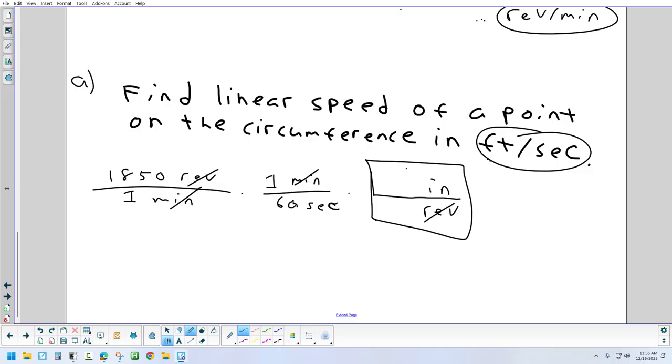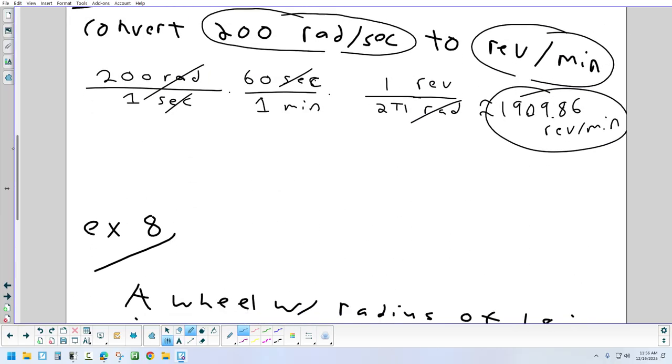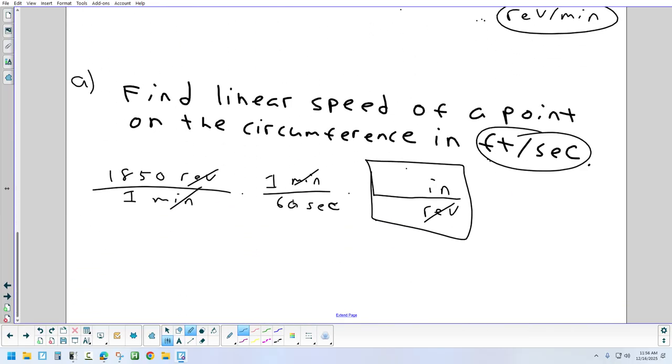How big of a revolution are you making? Is it like this? Is it like this? So that's why they gave us the 18 inches. We need to know how big of a revolution we're making. One revolution is also known as the what? Yep, the circumference.